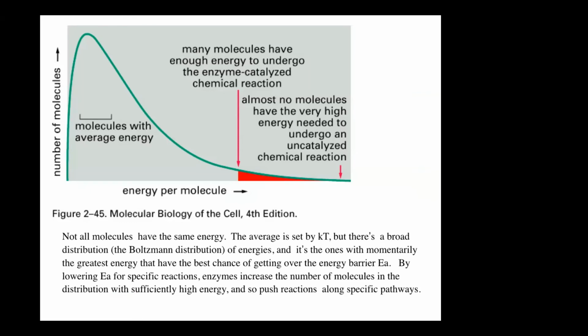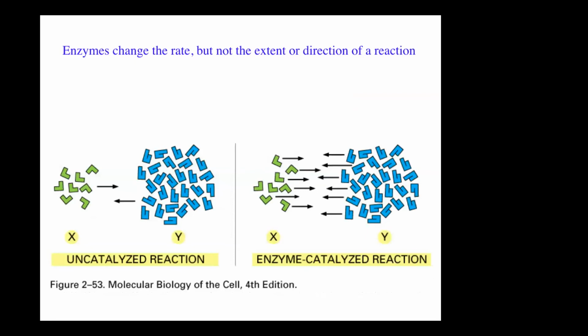It just redistributes. You start repopulating it with more high energy molecules. It doesn't happen immediately, but it will happen. And so you just continuously put in molecules with sufficient energy to do a reaction. And so that's what enzymes do.